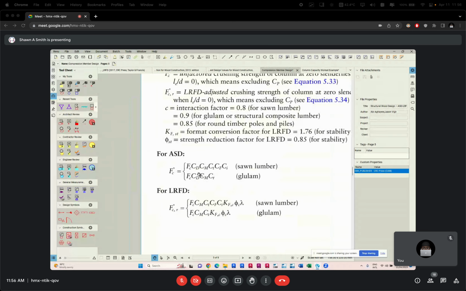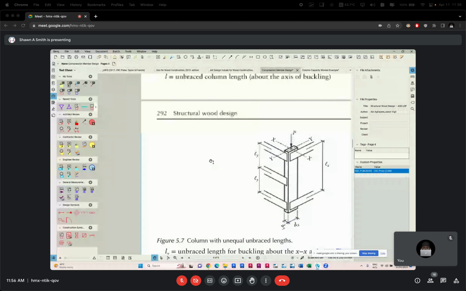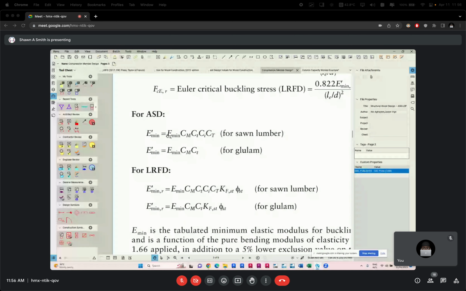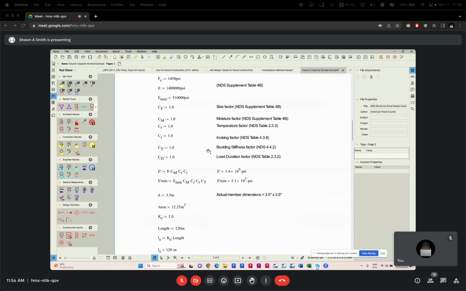So we have the F and we have the E. Let's look at what the E had asked for. See them up here. And we're doing this. So the E for sound lumber are for CM, Ct, CI, CT. So it's CM, Ct, a small t really, CI, and CT, big T. All right. So if I should crop these and carry it over there just to compare, and they have gone for that.